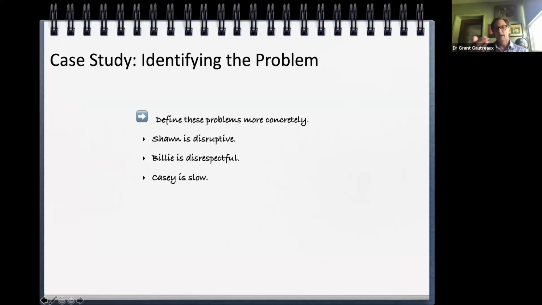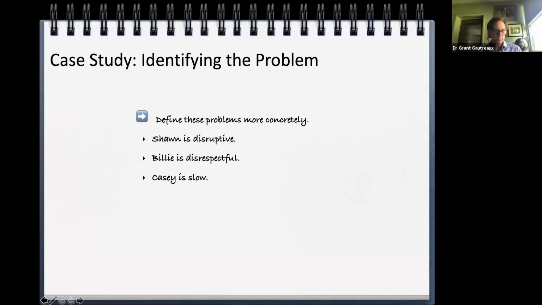All right, when we do this during class time, I typically have you guys engage in trying to operationally define disruption, disrespect, and slowness. And in this case, for Casey, it means speed. It takes too long to get started. So with disruptiveness, you want to keep in mind, how would you define it?